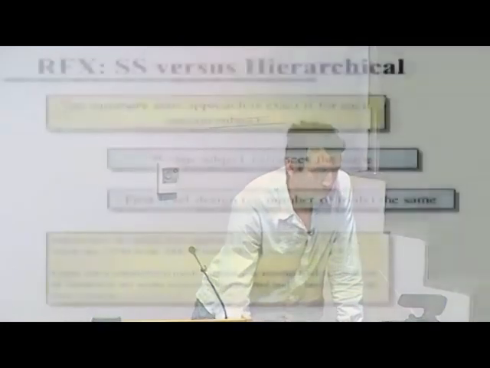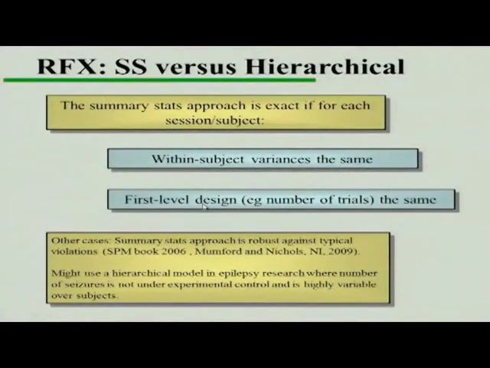Then you can show that if the within subject variances are the same, and if the first level designs are the same, then on average, the summary statistic procedure will give you exactly the same result as the hierarchical model. But if that condition isn't met, then they won't produce exactly the same thing on average.